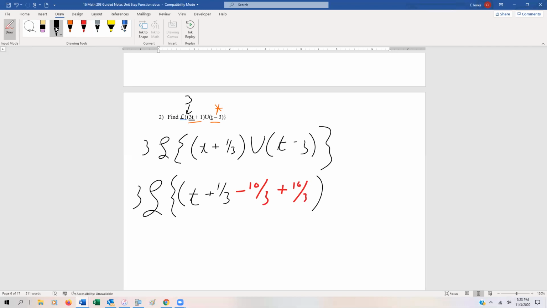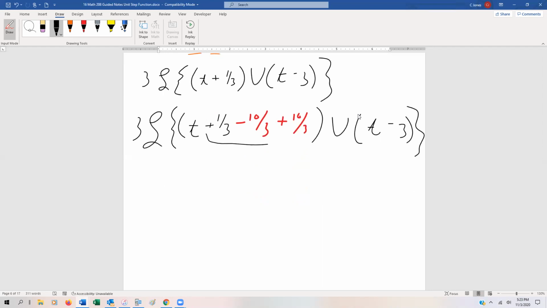All right, and I'll illustrate why we do that in a moment. Times the unit step function of t minus 3. All right, now bear with me on this one. If we combine these, that just gives us -9/3 or -3. So we just wanted to subtract something to be able to get us to the -3. But we still have this animal right here, this positive 10/3. But that's not a big deal.